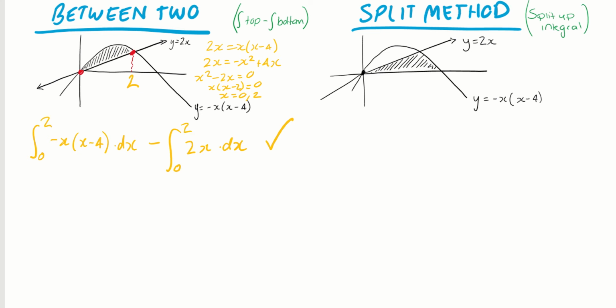Now, because I'm integrating, I'm going to expand this bracket out here, just to make my life easier. Now I have two separate terms, which I know how to integrate easily. Another important thing that you can do here, you don't have to, but you can, and it often saves you quite a bit of time.